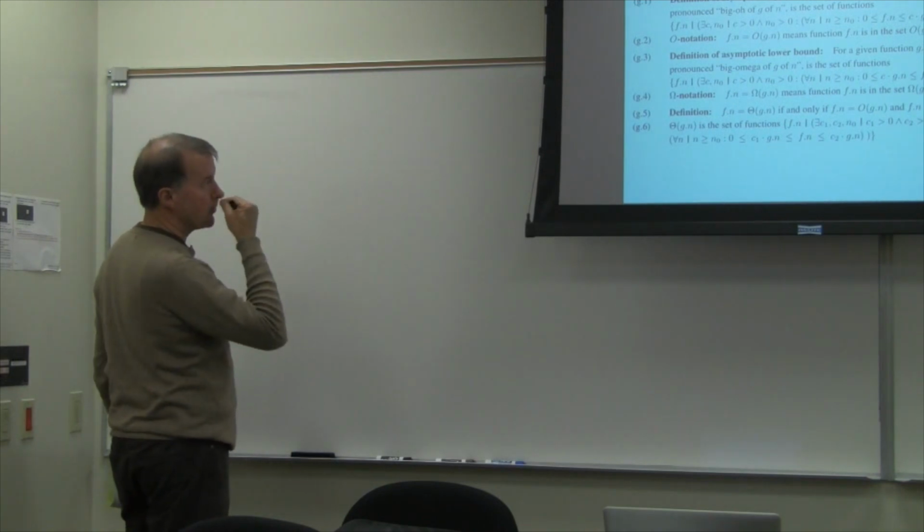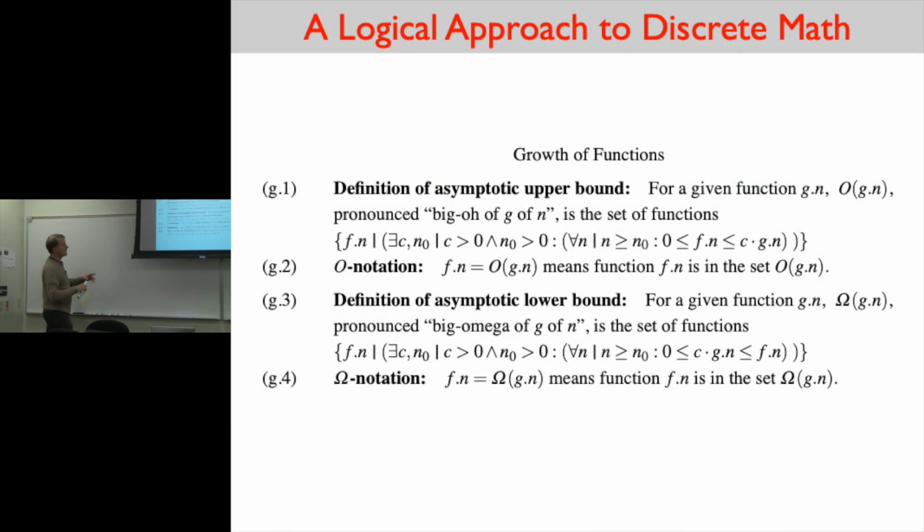What we're going to prove, actually, first thing, this is a set, right? A set of functions. Now, I'm going to state something here that has to do with notation.